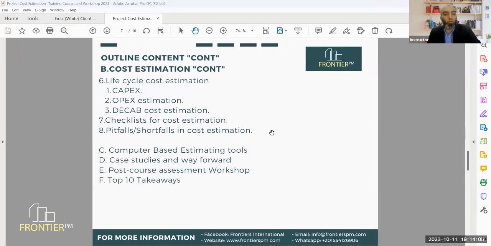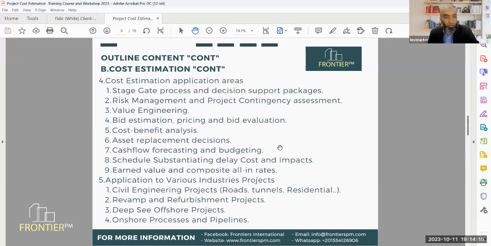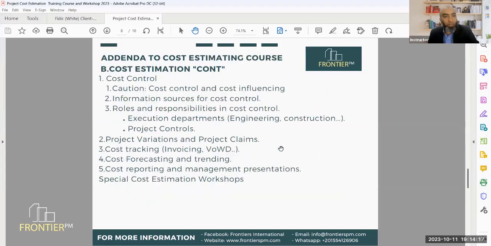There are also computer-based estimation tools, case studies, and way forward, post-course assessment workshop, and top 10 takeaways. These are the course outlines, quickly.